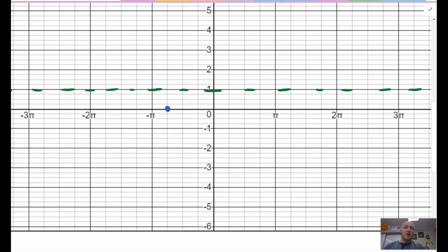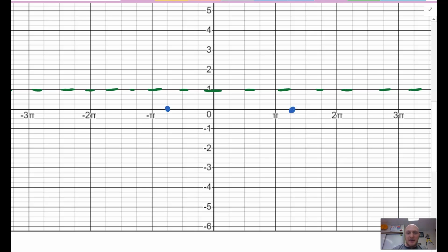Again, I translated left 3 pi fourths units, and then instead of starting at a maximum, I started at the minimum. Our amplitude is just 1. So every 2 pi, this is going to repeat. So that would be 1 pi, here's 2 pi.